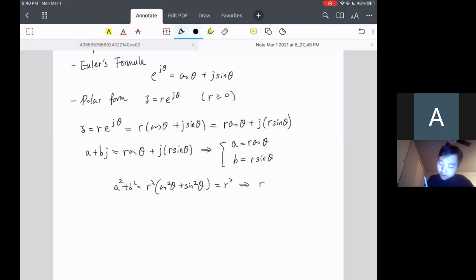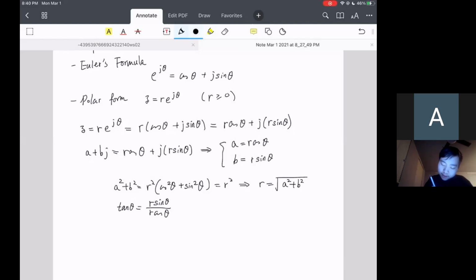And so, since we know that r is no less than 0, it's non-negative by definition, we see that r is equal to the square root of a squared plus b squared. Okay? To find the value of theta, we simply divide the two equations to see that tangent of theta is equal to r times sine of theta over r times cosine of theta.